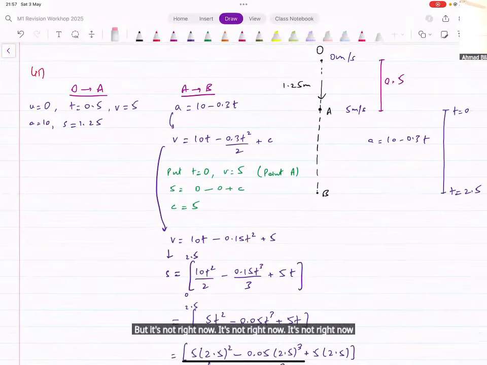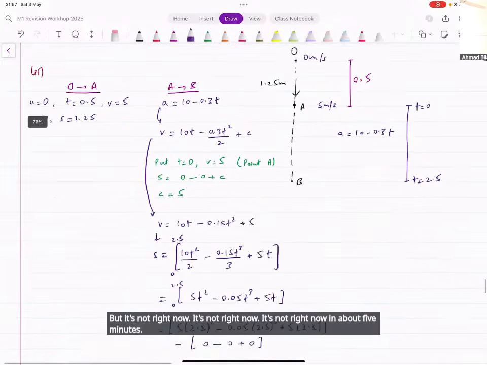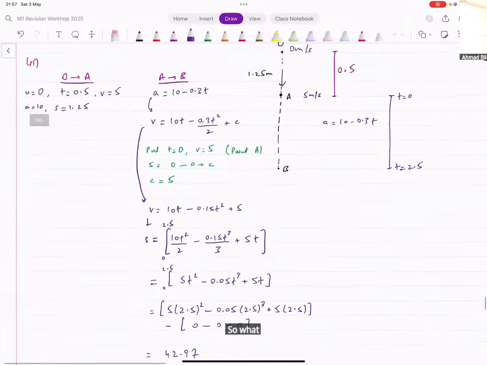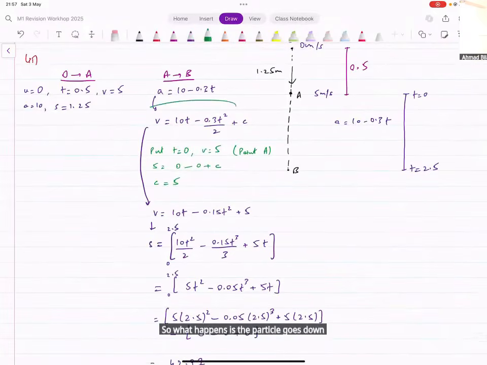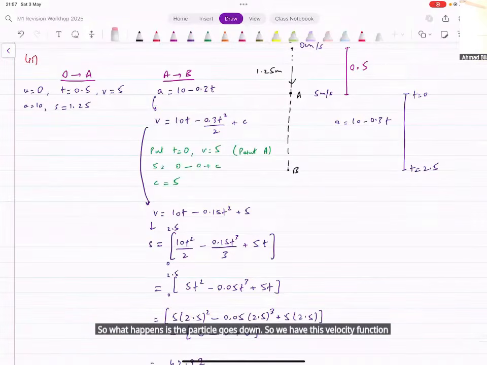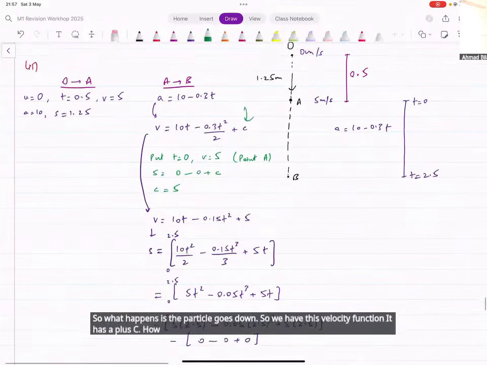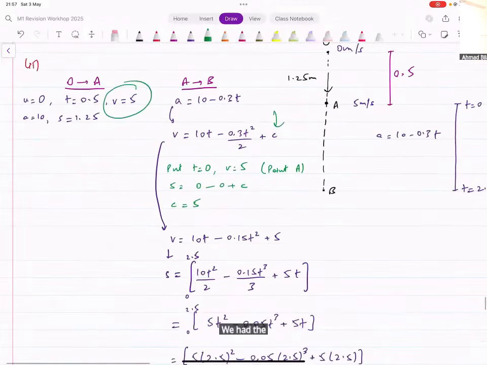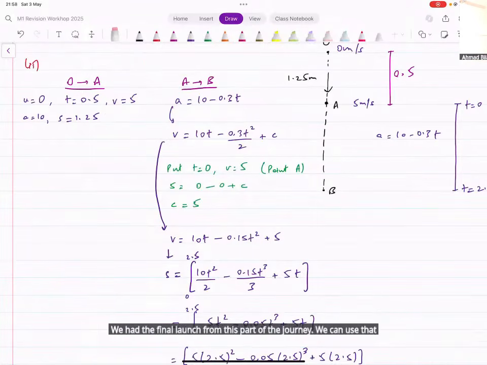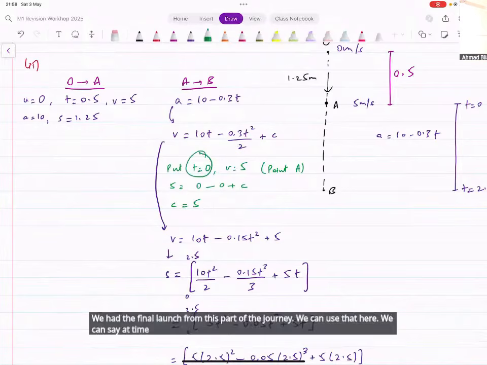In about 5 minutes. So what happens is the particle goes down. So we have this velocity function. It has a plus c. How do you find the value of the c? We had the final velocity from this part of the journey. We can use that here. We can say at time 0, the velocity is 5.